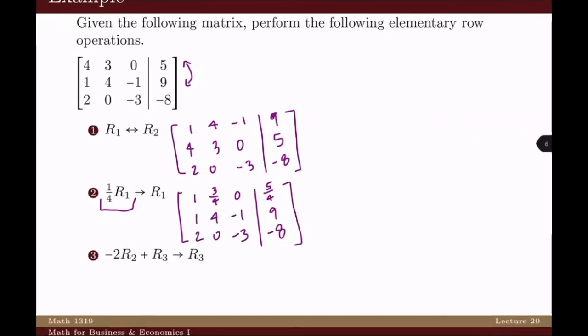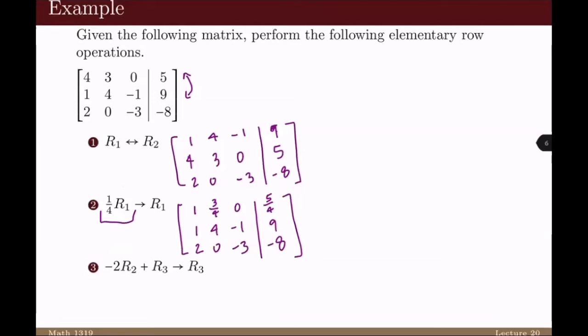All right, last, we want to do negative 2 times row 2 plus row 3, and that's going to be our new row 3. So the negative 2 row 2 is going to be negative 2 times this middle row. So that'll be negative 2, negative 8, 2, and negative 18.